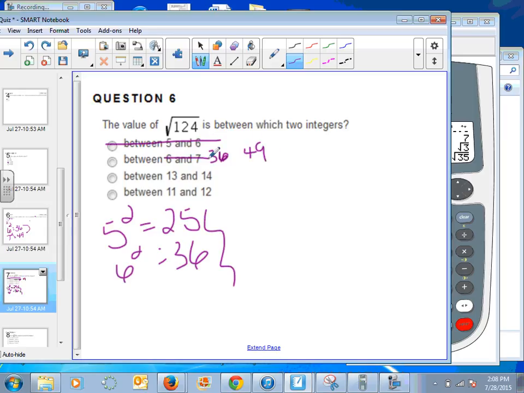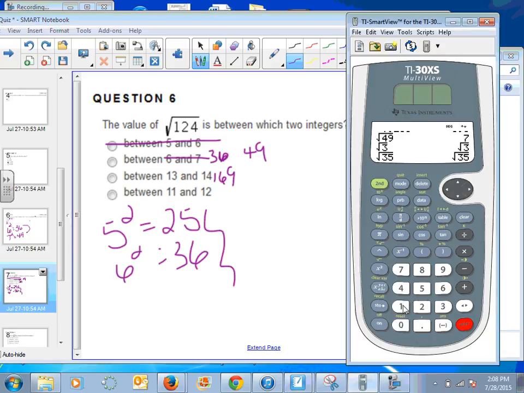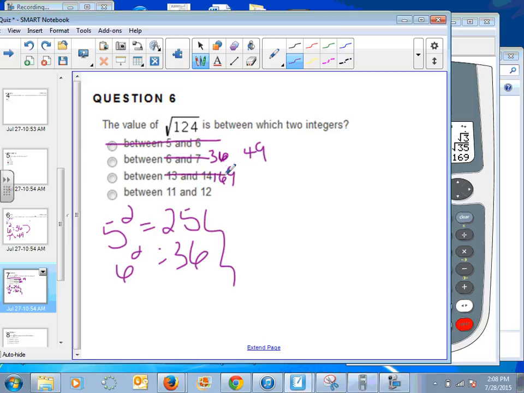We're looking for something between where 124 might be. 13 squared is 169, which is already past 124, so that one's out. 11 squared is 121 and 12 squared is 144. So 124 sits right between 121 and 144. That's the one we're looking for.